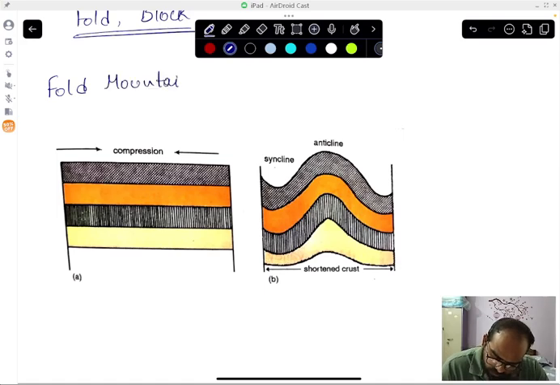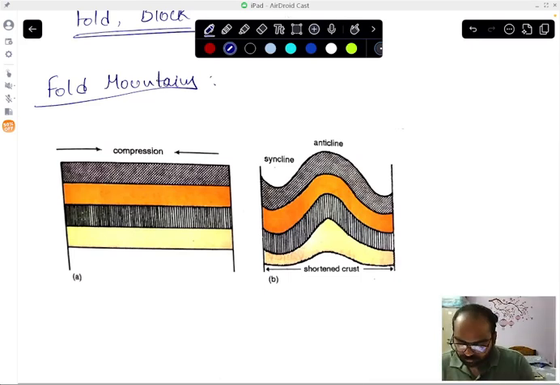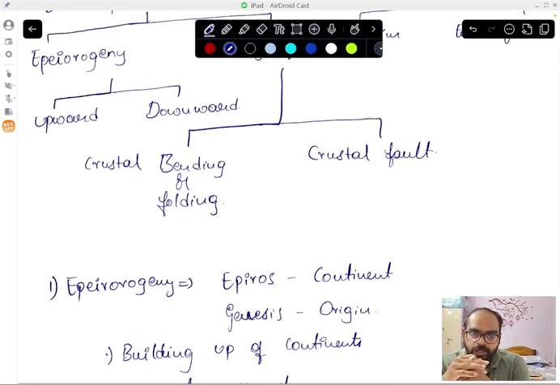Fold mountains. We have said that orogeny can happen through two types of movements, that is crustal bending or crustal faulting.